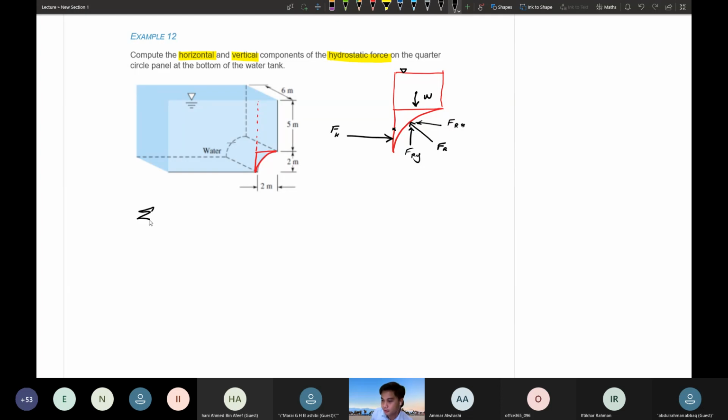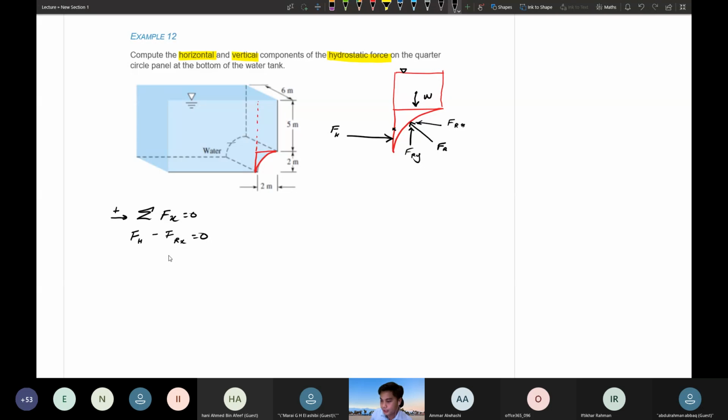So compute the horizontal and vertical component of hydrostatic force. Summation of force in the x direction equals 0. What's the force involved in the x direction? Positive FH, and then minus FRx equals 0.